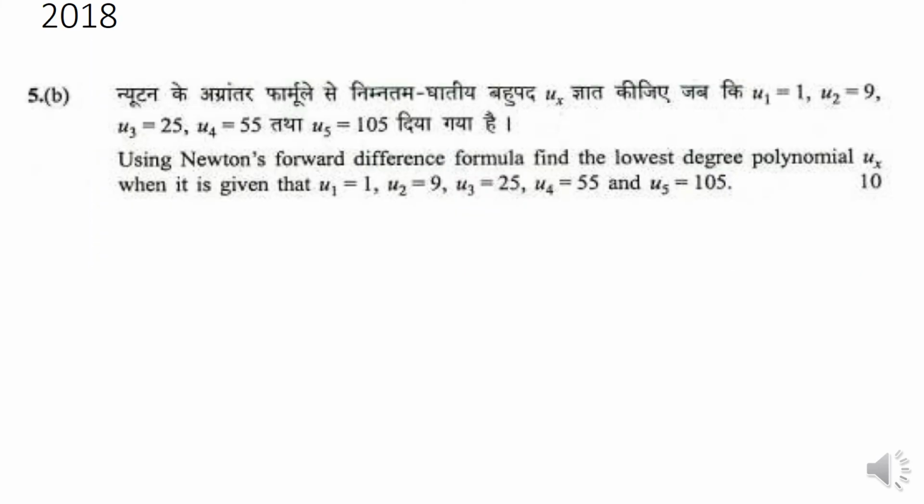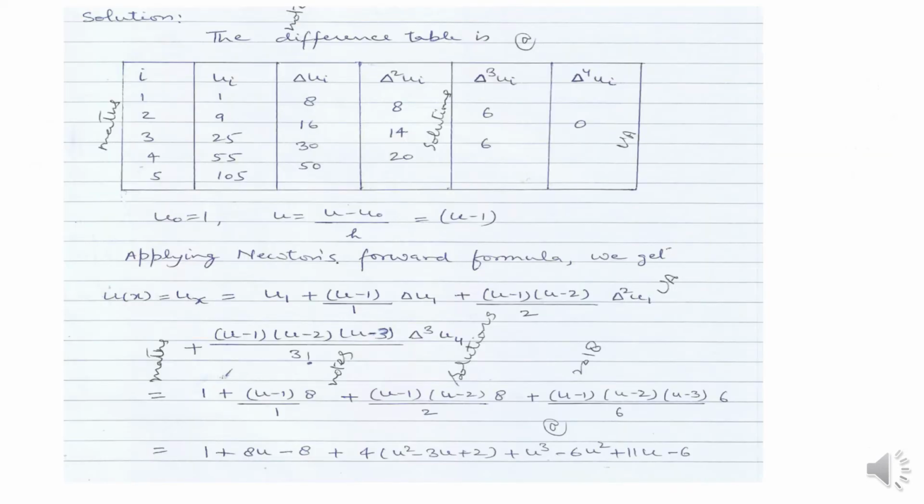Here we have to apply Newton's forward difference formula and find the lowest degree polynomial. So this we can do. We have made the difference table and we are applying Newton's forward. From the next term we subtract the previous term.